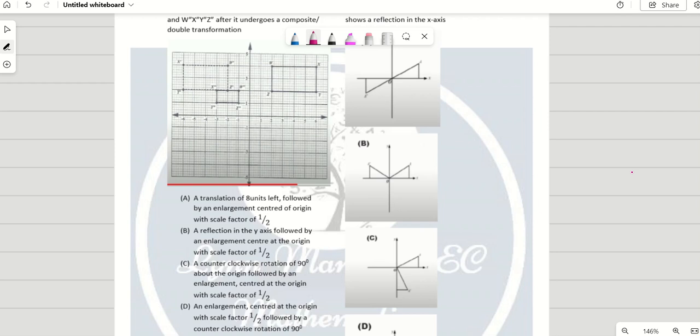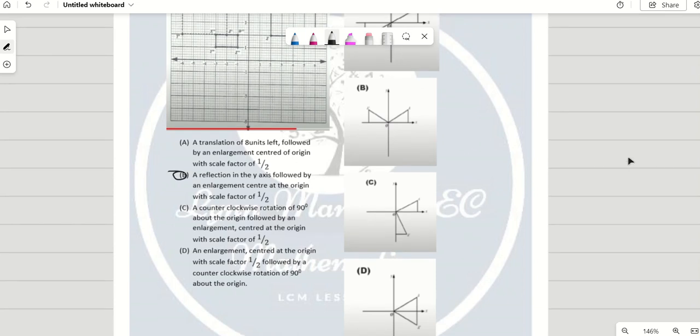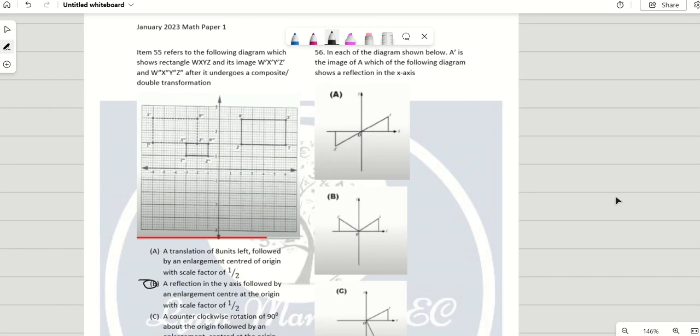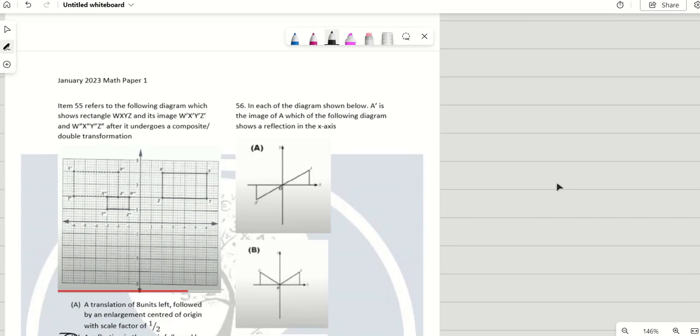So you can say the answer would be B, right? A reflection along the y-axis followed by the enlargement center at the origin with a scale factor of a half. We don't really need to check the scale factor of enlargement because all of them have enlargement, right? So that is the answer B.